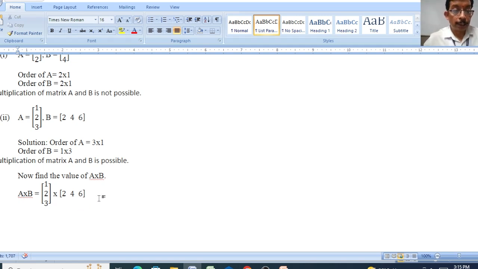The next line, the first row element is 1, the first column element is 2. 1 multiplied by 2, we receive the first row, first column element.